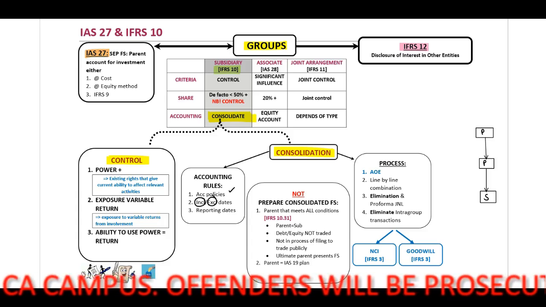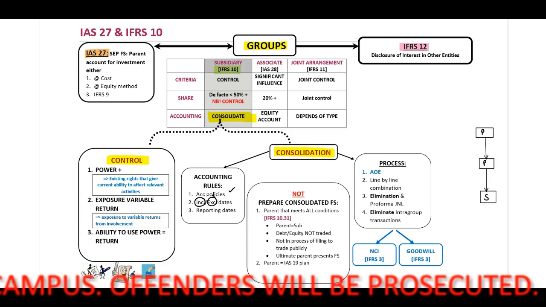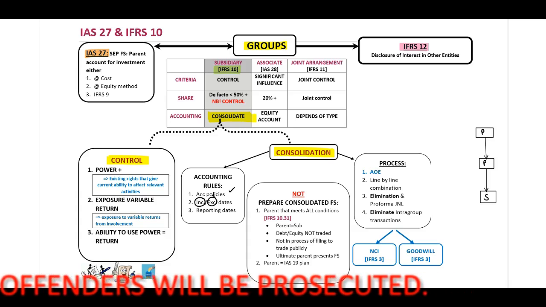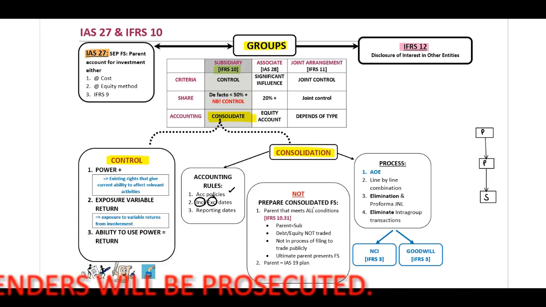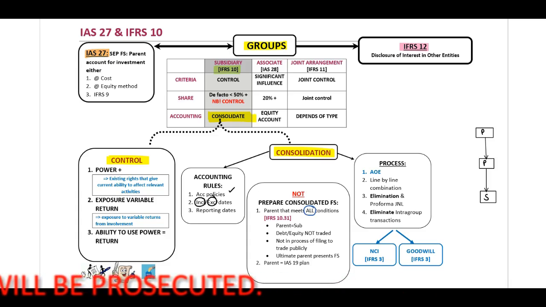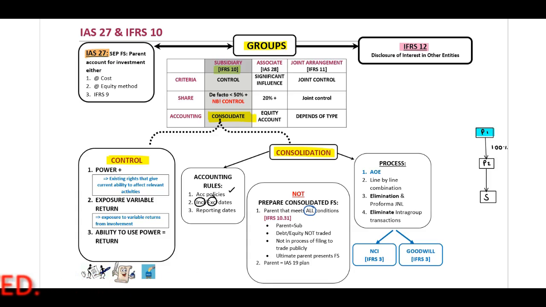Now, when does an entity not have to prepare consolidated financial statements? Number one, when the parent meets all the following conditions. Therefore, when you look at the right side, we have parent number one, which owns, let's say for example, 100% of parent number two, and parent number two owns 100% of S. Right.